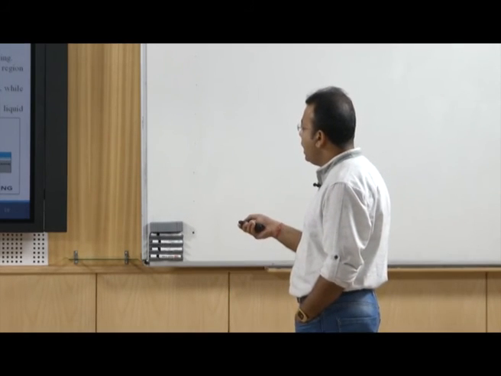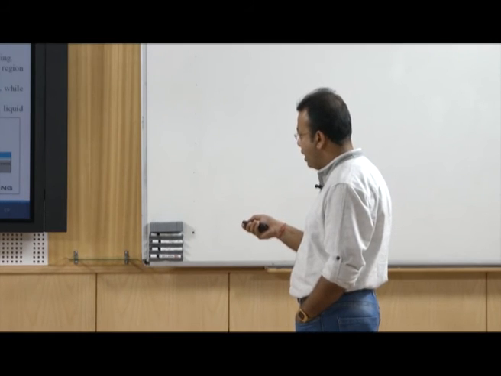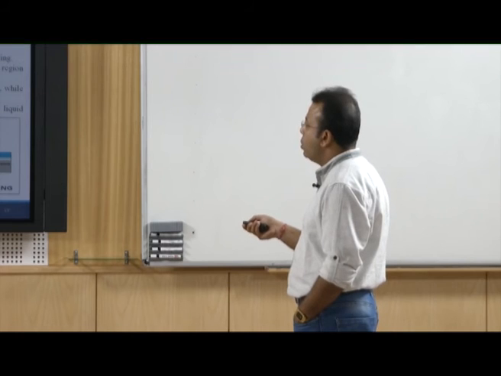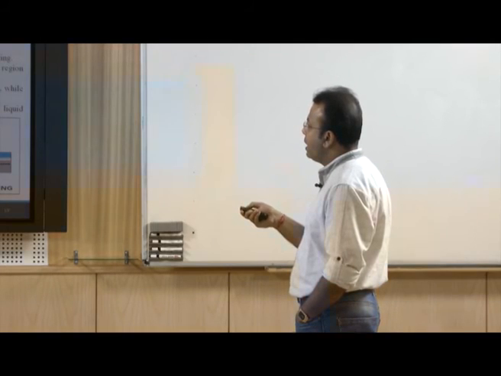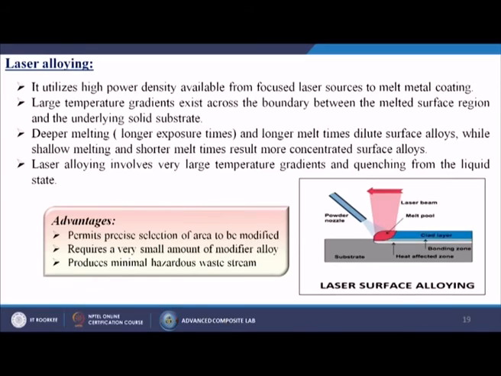Not only that, there should be a bonding between your materials and your substrate. A large temperature gradient exists across the boundary between the melted surface region and the underlying solid substrate. Deeper melting, longer exposure times and longer melt times dilute surface alloys, while shallow melting and shorter melt times result in more concentrated surface alloys. So it depends upon how much energy you generate.